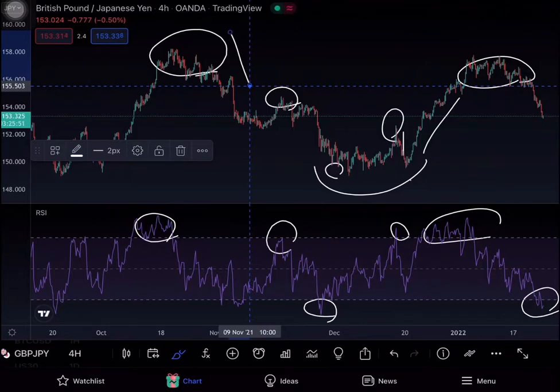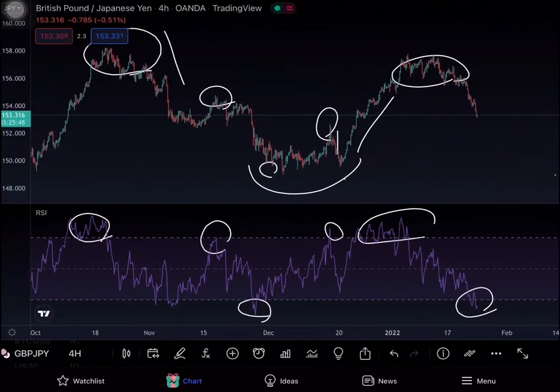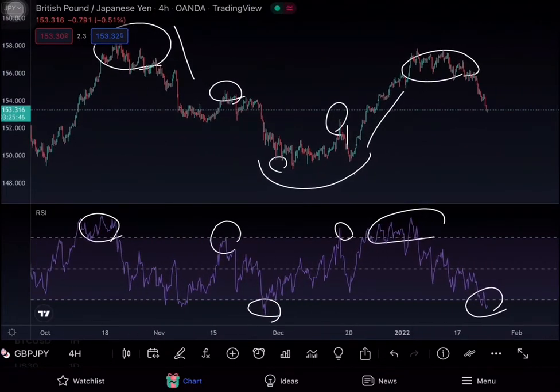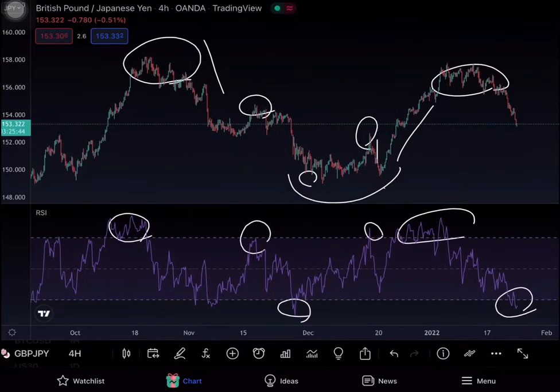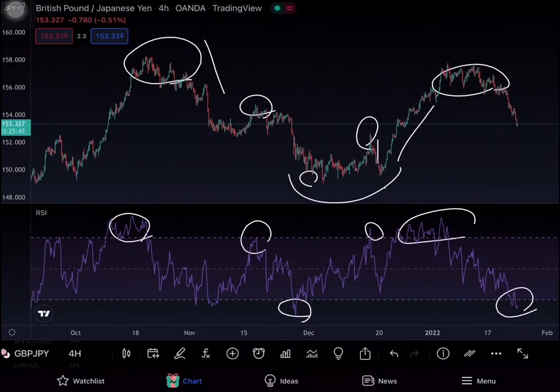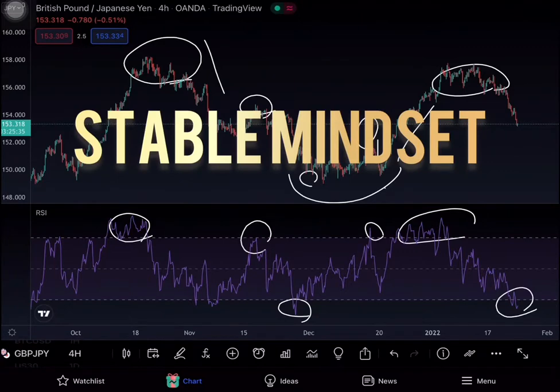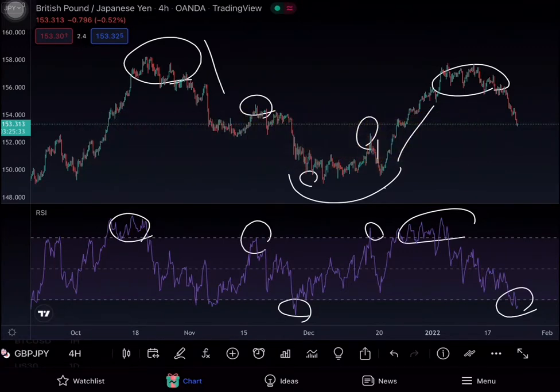So if forex is easy, why can't everyone have consistency of profit in it? That's the important thing. Listen, you should have a stable mindset that every time the price breaks the lines, the 70 line or the 30 line, you can count on a long or short position in the future.